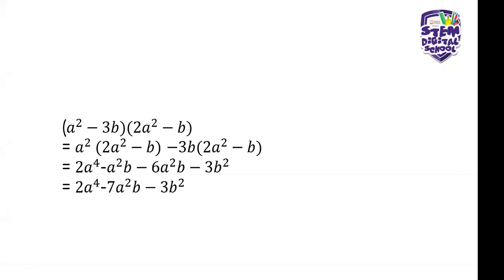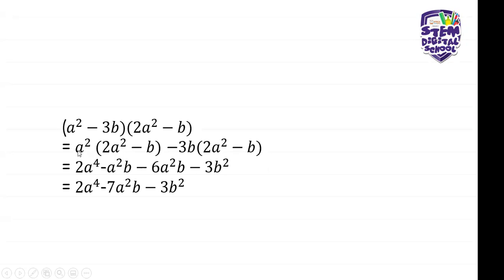In exponents, you were taught that anytime you multiply two powers with the same base, you add the exponents. So the exponent in this case is 2 for a squared, and then another 2 for 2a squared. So 2 plus 2 is 4. That's how we found 2a to the power 4.